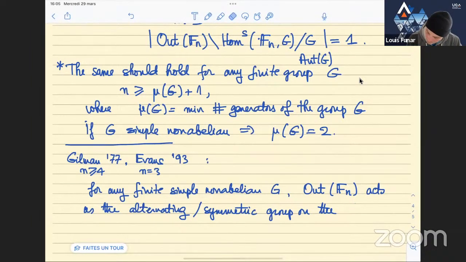now let me formulate it. On Epi(Fn, G), there is one large orbit.